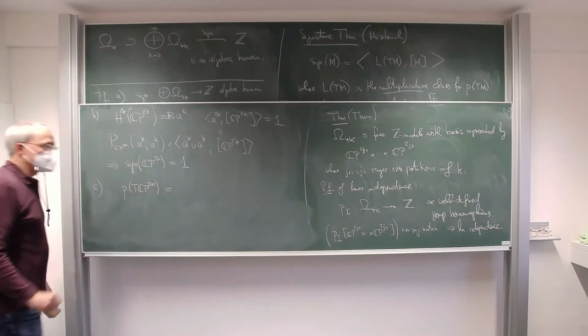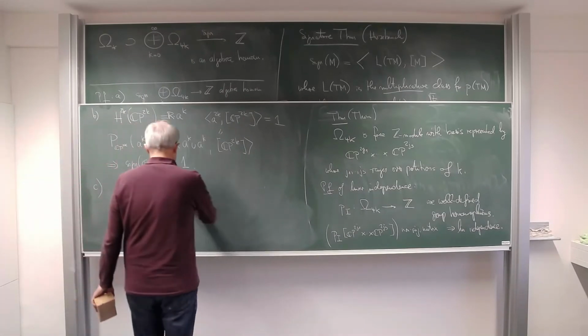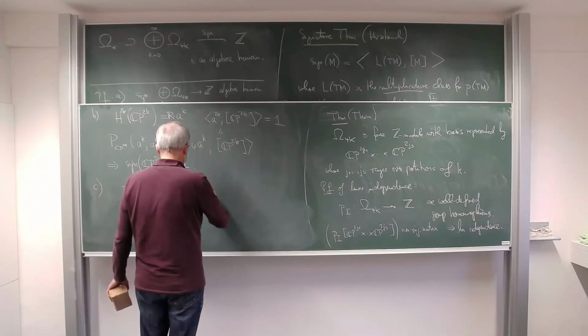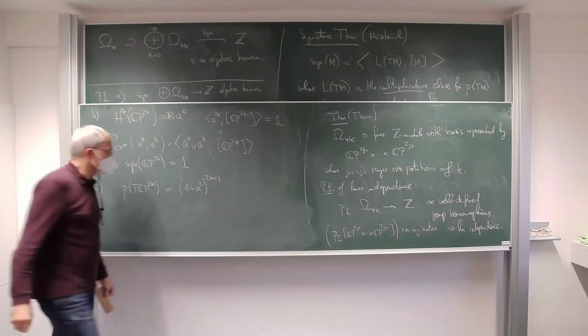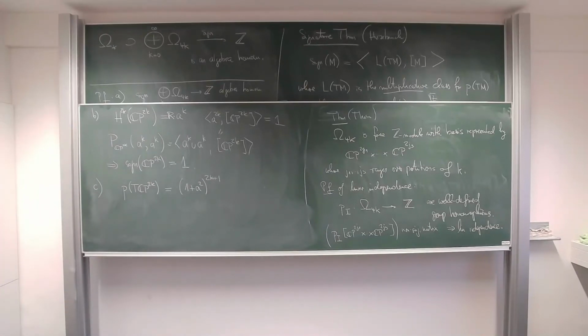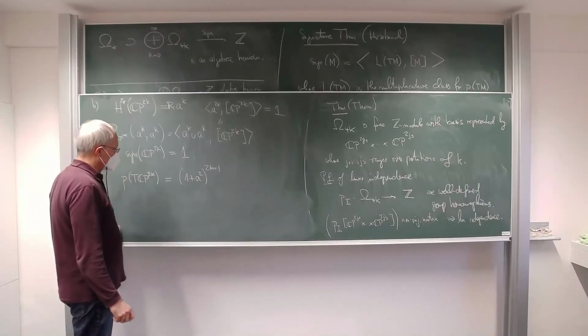We have computed it. It's given by (1 plus a squared) to the power 2k plus 1. So that's the Pontryagin class. Aha.